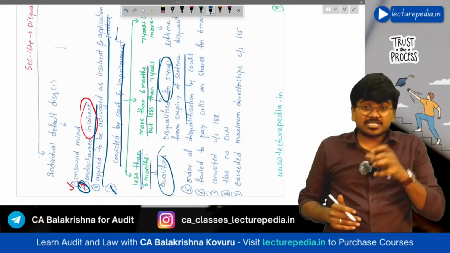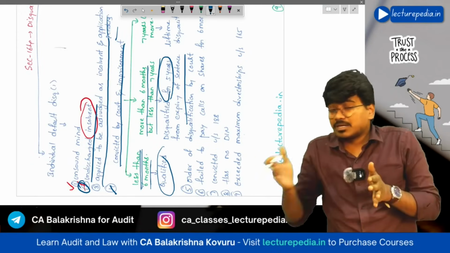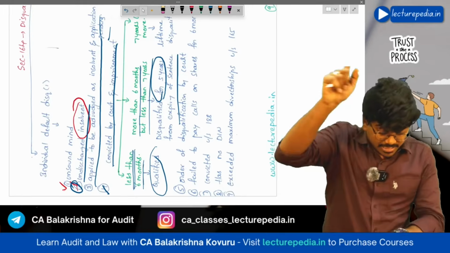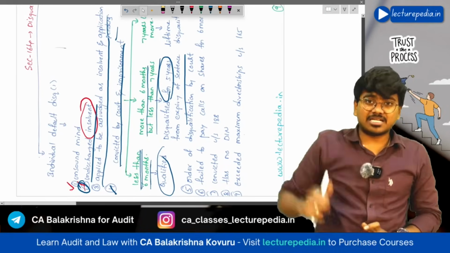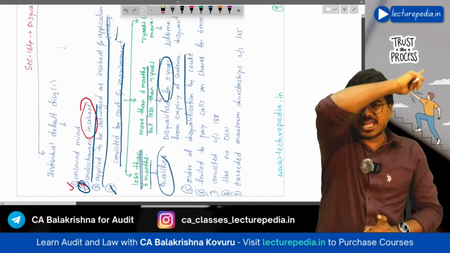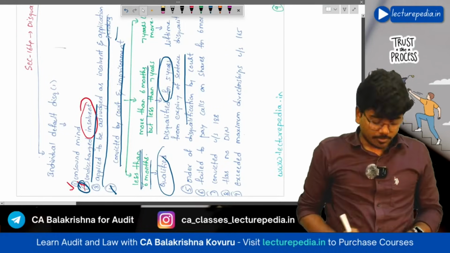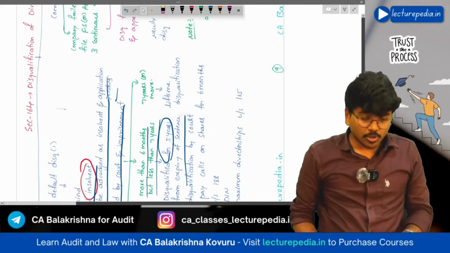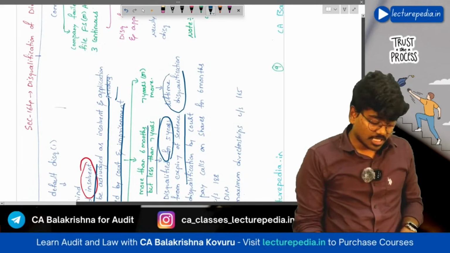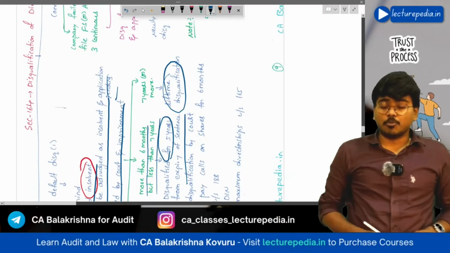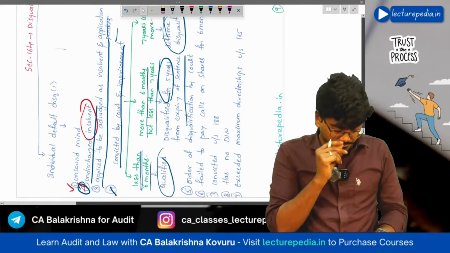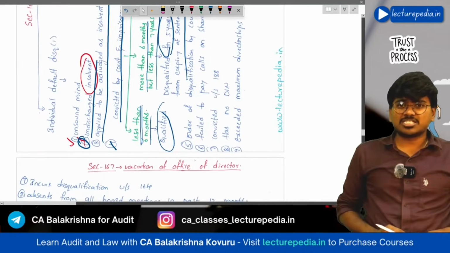If the imprisonment is for 7 years or more, lifelong he is disqualified to be appointed as a director. Hope that is clear. That is the fourth disqualification.